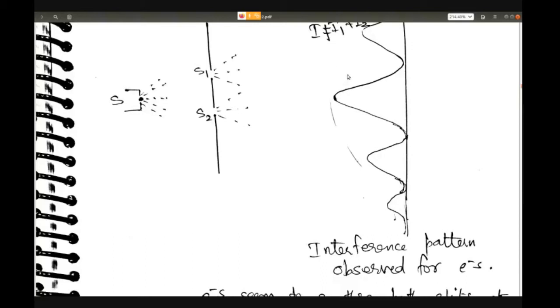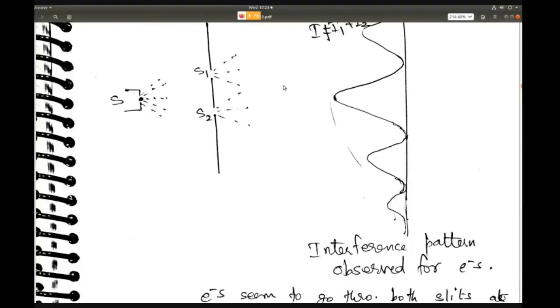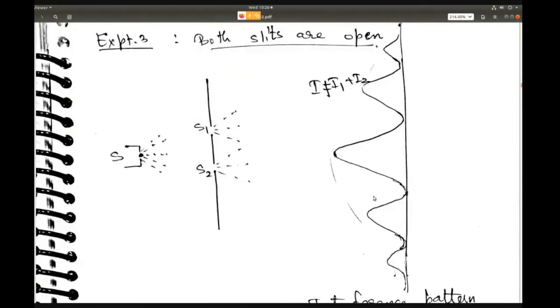There are not two electrons going simultaneously or very close to each other. So only one electron will go, then no electron will go, then again one electron will go. That is the weak source of electrons, and even then you see this interference pattern.